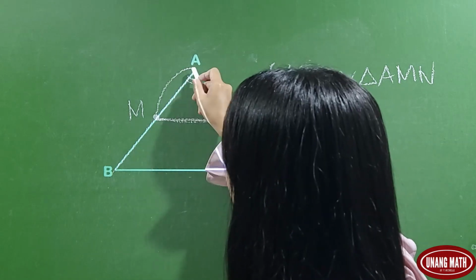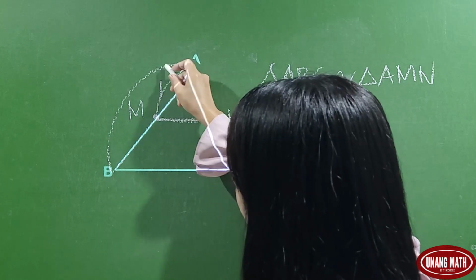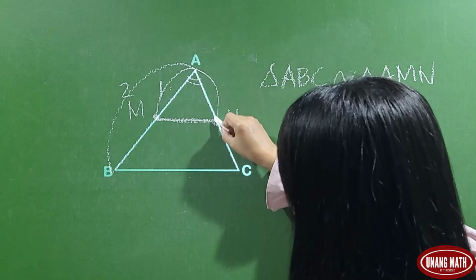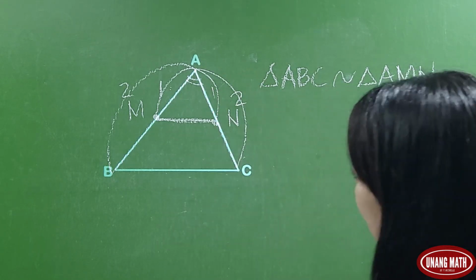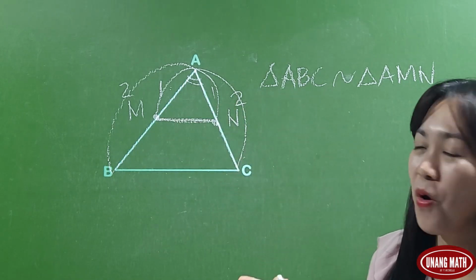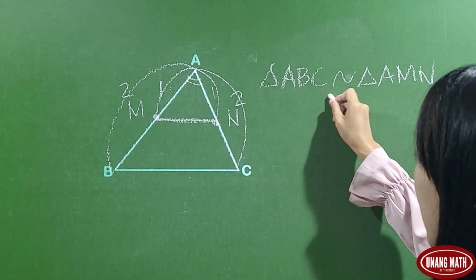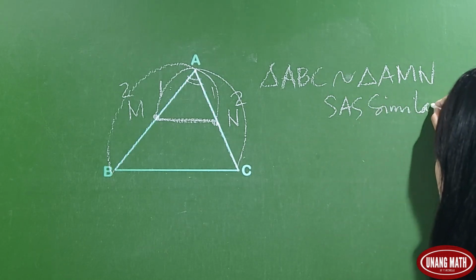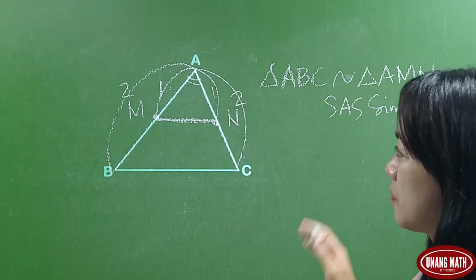This side corresponds to this side, so if this is 1, then this is 2. This side corresponds to this side, so if this is 1, then this is 2. So the ratio of the lengths of the corresponding sides are equal or constant. So this is SAS similarity. So these two triangles are similar figures.